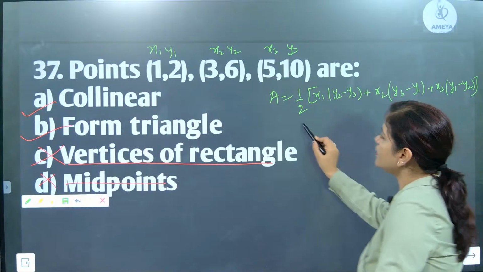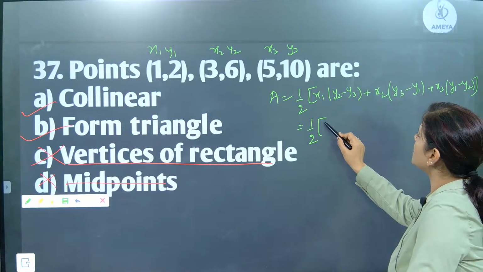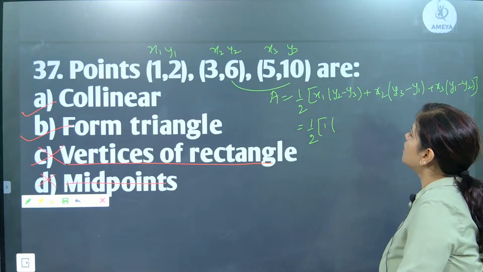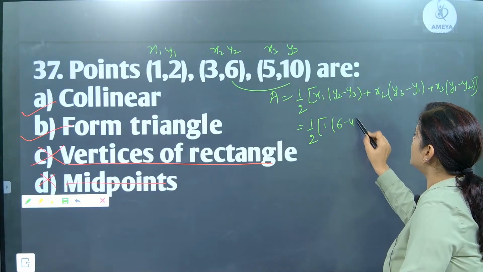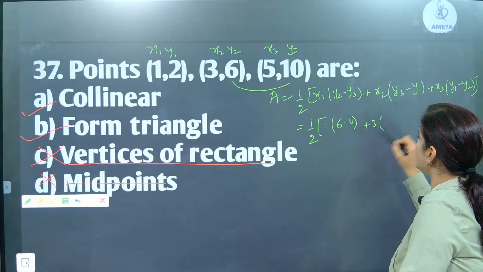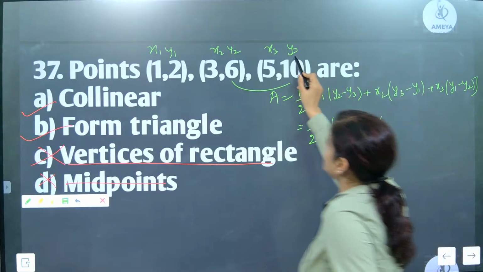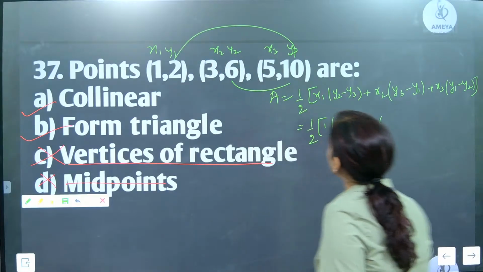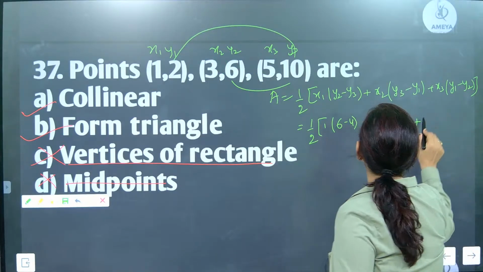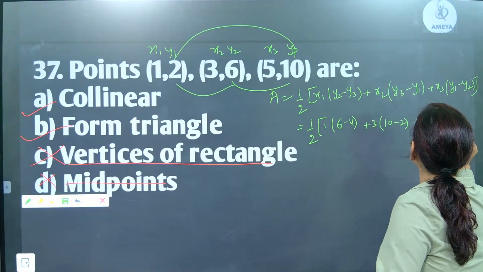Now you are going to write half, x1 is 1, times y2 minus y3, 6 minus 4, then plus x2, which is 3, times y3 minus y1, 10 minus 2, and the last one is x3 times y1 minus y2, 2 minus 6.